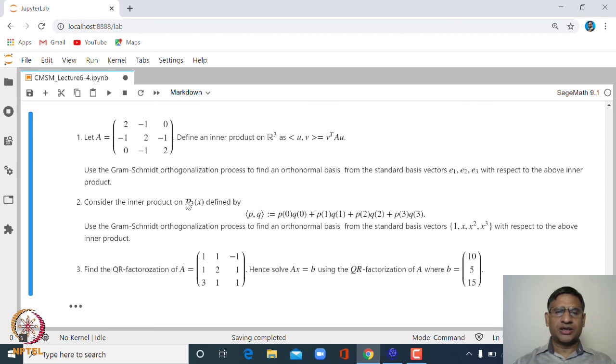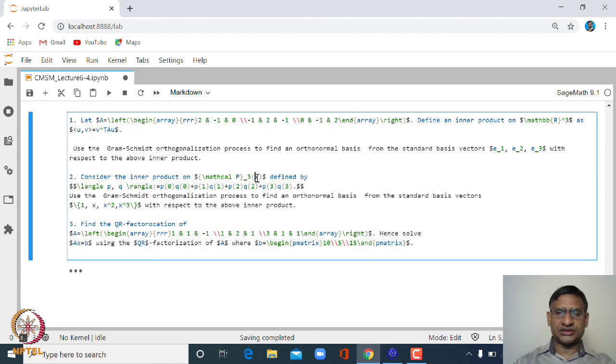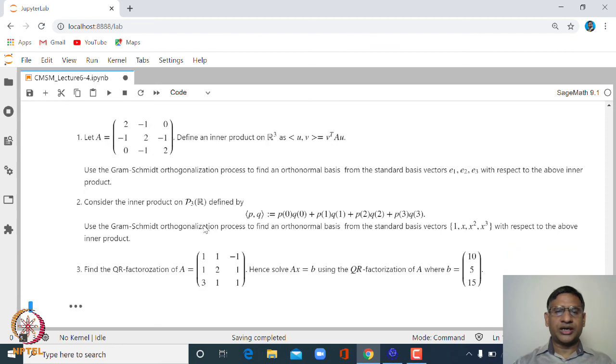Similarly, define an inner product on P3(R), and with respect to the standard basis 1, x, x squared, x cube, again find an orthonormal set of basis, and then find QR factorization of this, and hence solve this Ax equal to b.